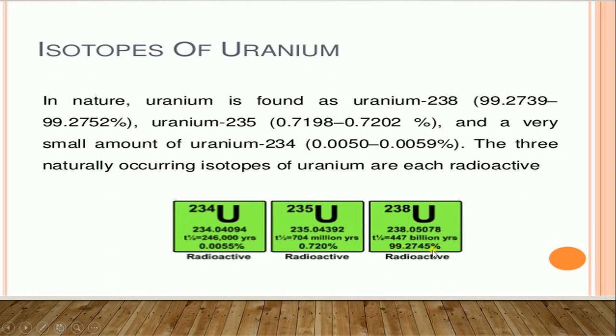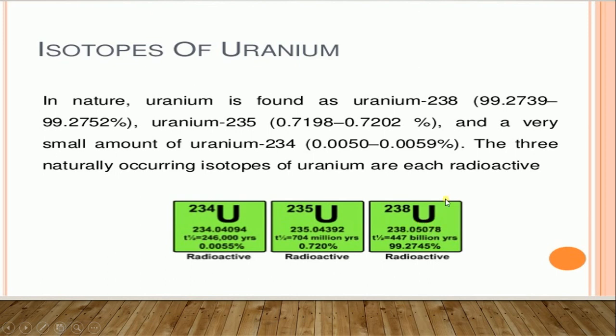So uranium-238 is the uranium having the highest percentage in nature. All three are isotopes of uranium, and these three are radioactive. Radioactive means that they are not stable. Their nuclei are not stable.